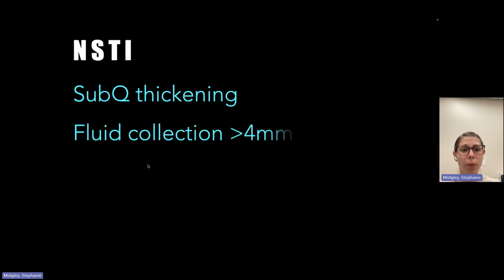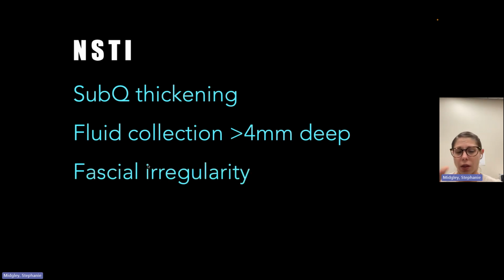Now you get that cobblestoning, and that fluid from the cobblestoning actually starts to track deep, and it tracks right along that fascial layer. And then the fascia starts to become thick and shaggy and irregular. And then you may or may not, depending if it's an air-forming organism, have air. So we'll show you a couple of slides with what sub-Q air looks like.